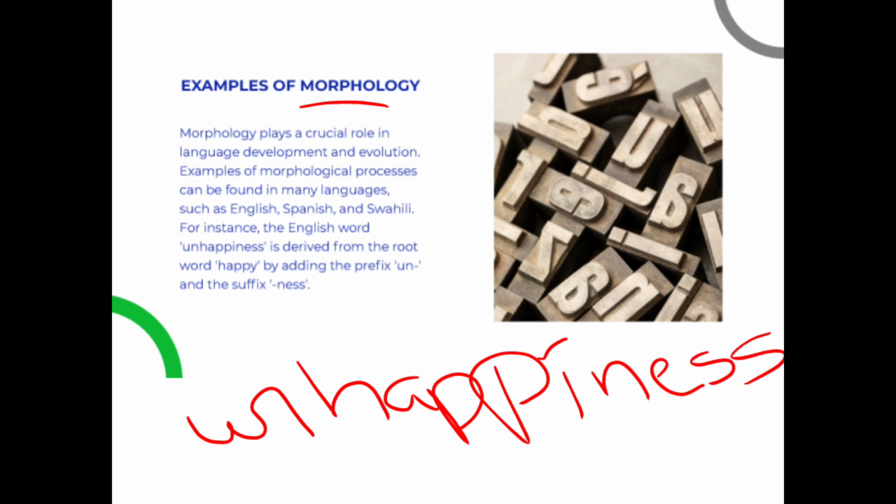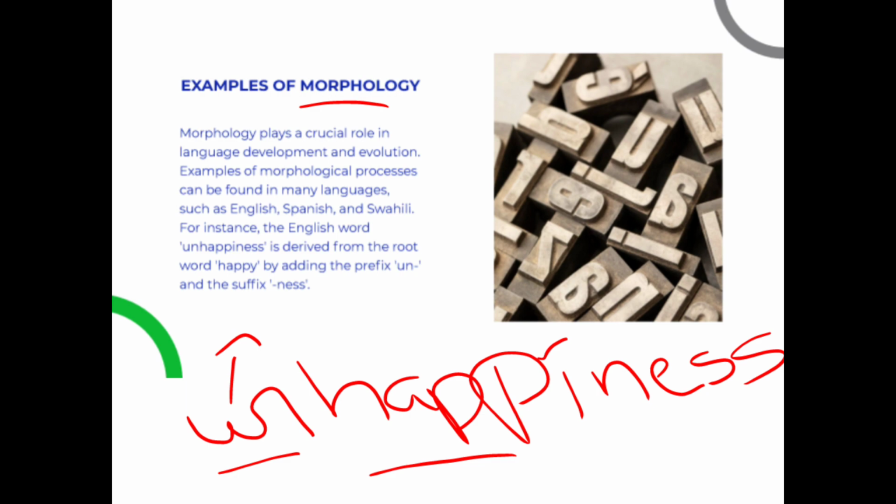First we will go through which is the root word and which is the free morpheme. Here happy is actually a root word as well as a free morpheme. But un is a bound morpheme, and in more depth, it is a prefix.